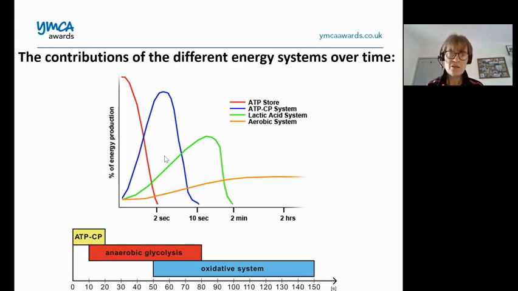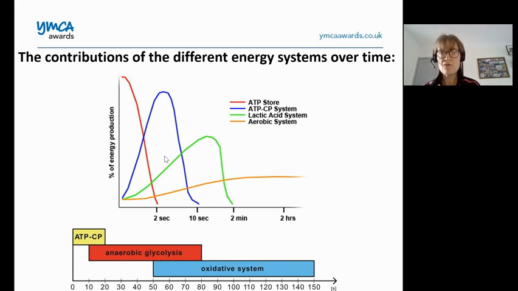Starting on the graph from the far left, the first thing we use is our very limited supplies of ATP that's actually stored in the muscle, which literally lasts a couple of seconds. As soon as that's done, your ATP-PC or CP system takes over up to approximately 10 seconds. In some places you read it goes on for longer than that, but for the purpose of this exam, let's say up to about 10 seconds.